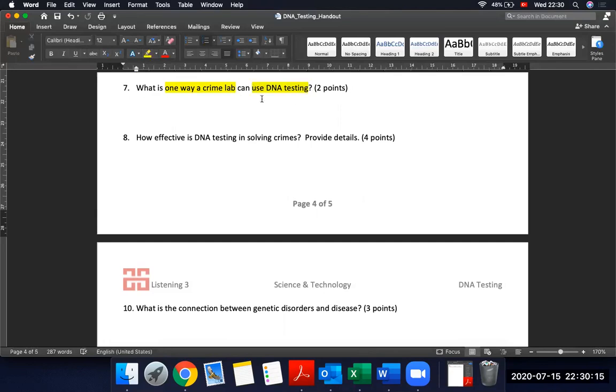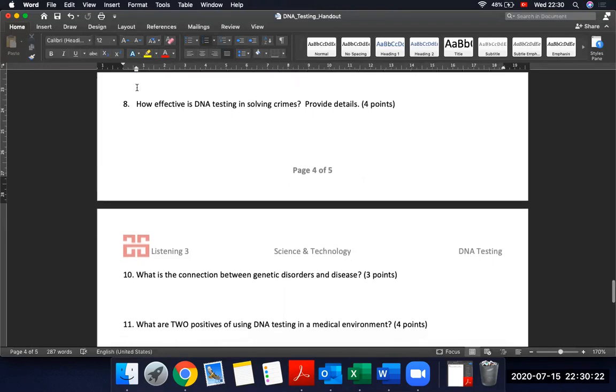So we understand that DNA testing is used in crime laboratories. How effective is DNA testing in solving crimes? Provide details. You need to answer this question in detail.